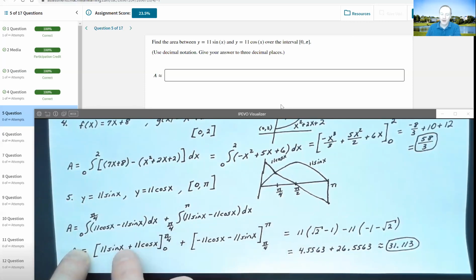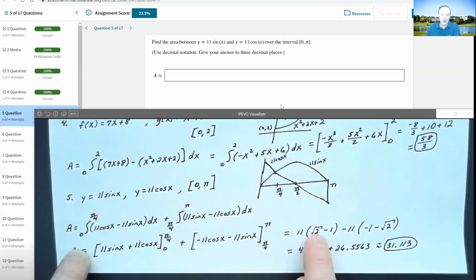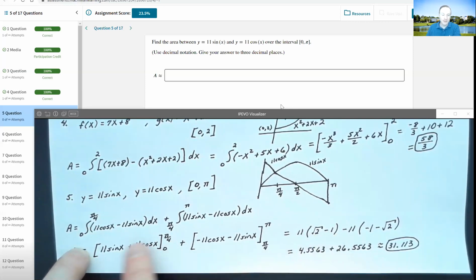If I plug in a pi over 4, sine of pi over 4 is the square root of 2 over 2. Cosine pi over 4, square root of 2 over 2. Well, what's the square root of 2 over 2 plus the square root of 2 over 2? It's the square root of 2. That's your upper limit. Now, minus your lower limit. Well, when you plug a 0 into this, the sine of 0 is 0, cosine of 0 is 1.